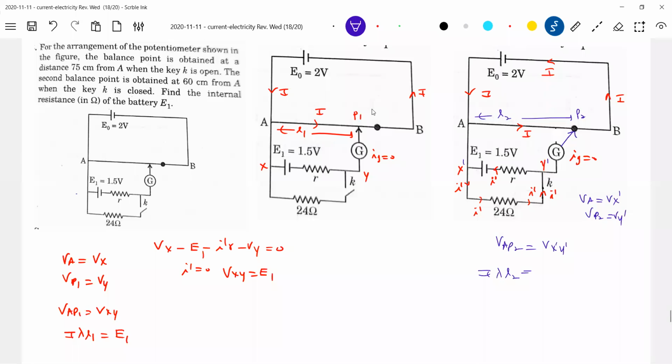What is it asking? To calculate the internal resistance of a cell. That was the thing, no? So how to calculate that Vx y dash? So Vx dash minus E1 minus I dash R minus Vy dash is 0.